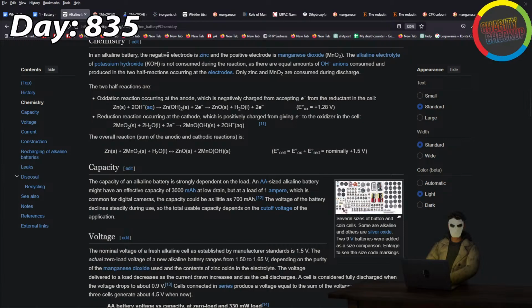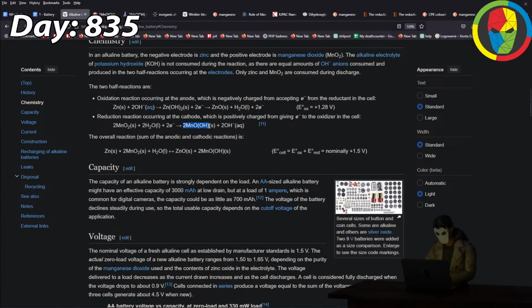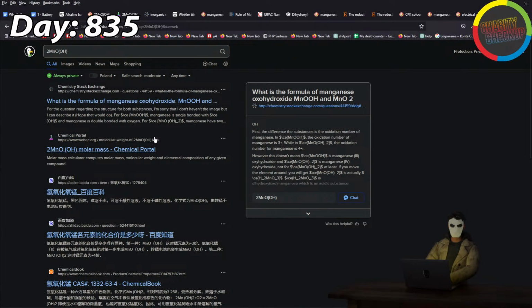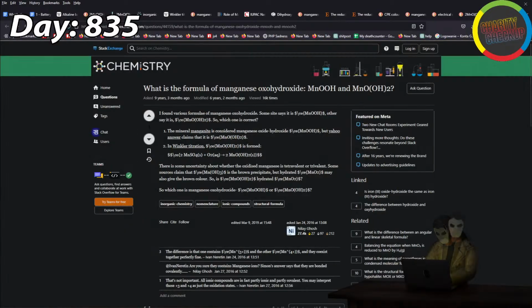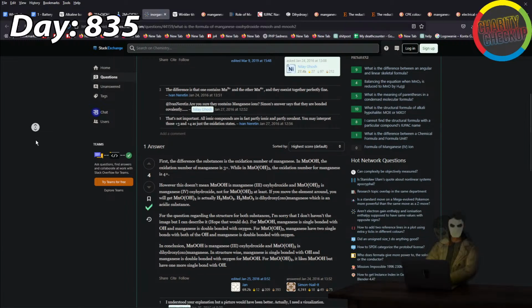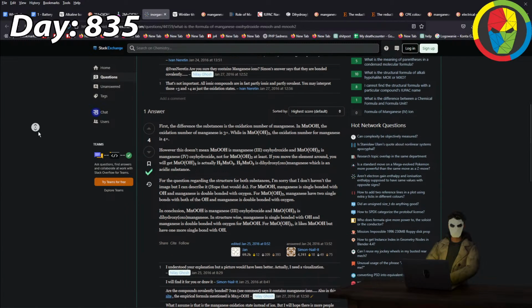What we're looking for is... It really sucks that I can't find this chemical anywhere. Found this very strong level of manganese oxide hydroxide. First, the difference of substance and the oxidation number of manganese.